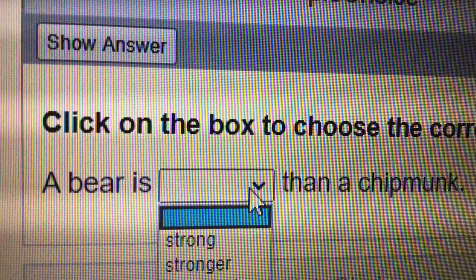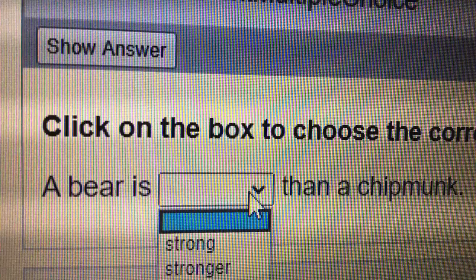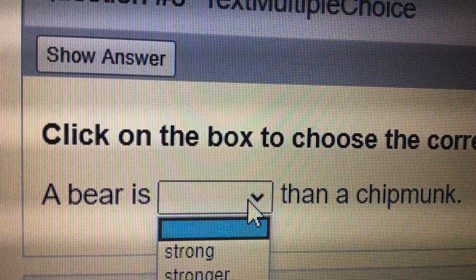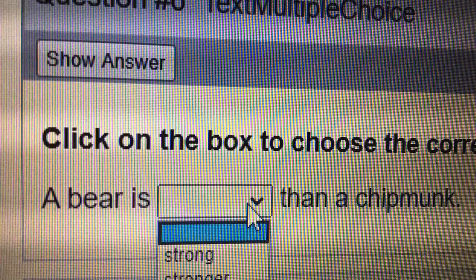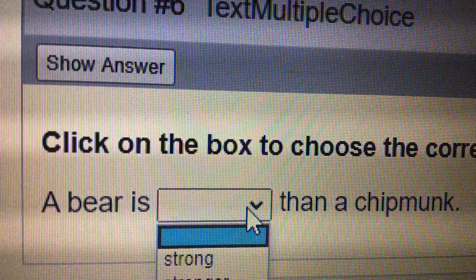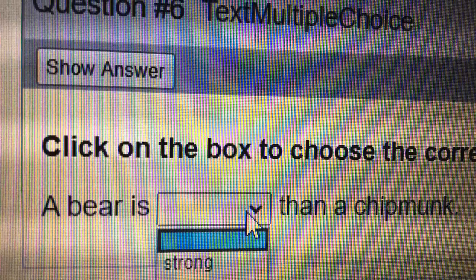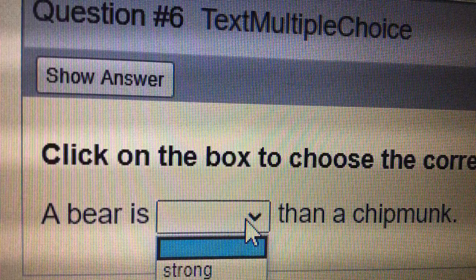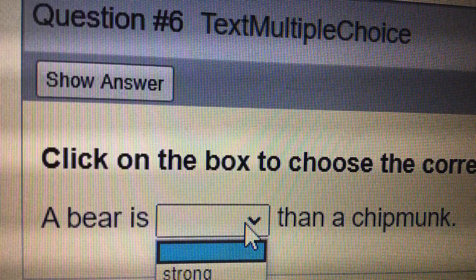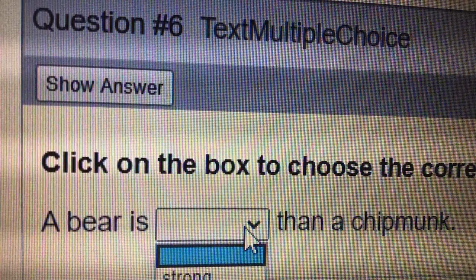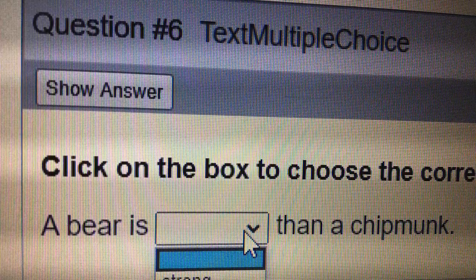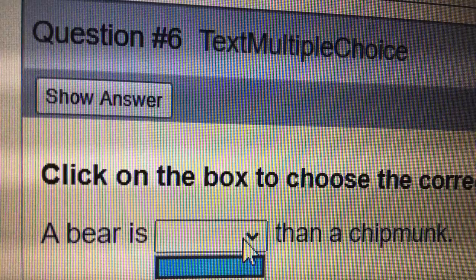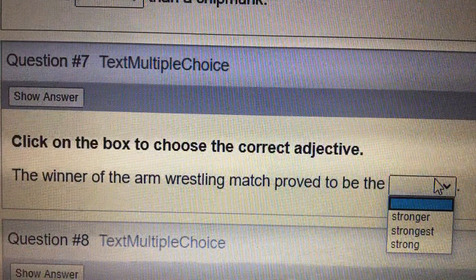Question 6. A bear is blank than a chipmunk. A bear is strong, stronger, strongest. Question 7.